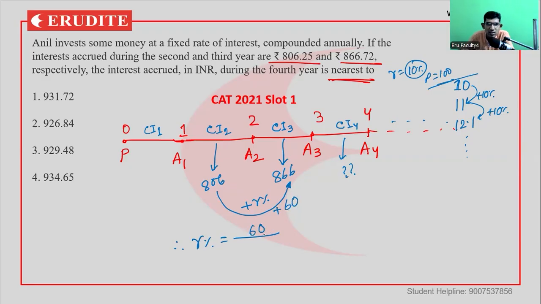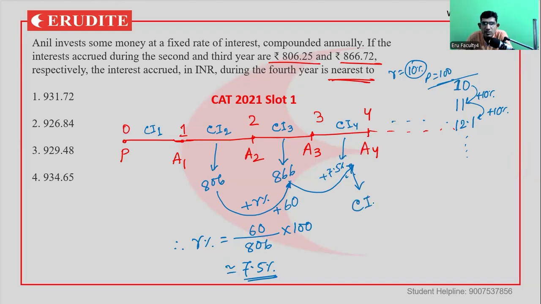So what's the percentage increase? 60 upon 806 into 100, which is approximately, you should just quickly apply the calculator, 7.5%. A little tedious calculation, you can apply the calculator straight away. Which means the next year, interest will also increase by 7.5%.